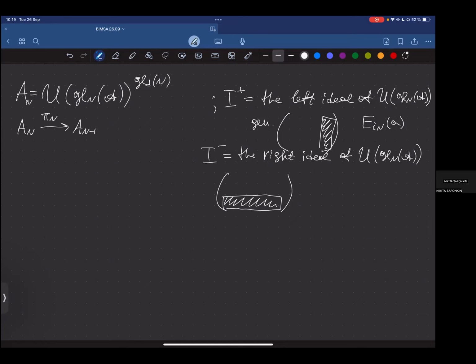Then I propose you to do a small exercise on PBW filtrations of the universal enveloping algebra, which I wouldn't like to do right now. And the exercise is to check that the following equality holds.